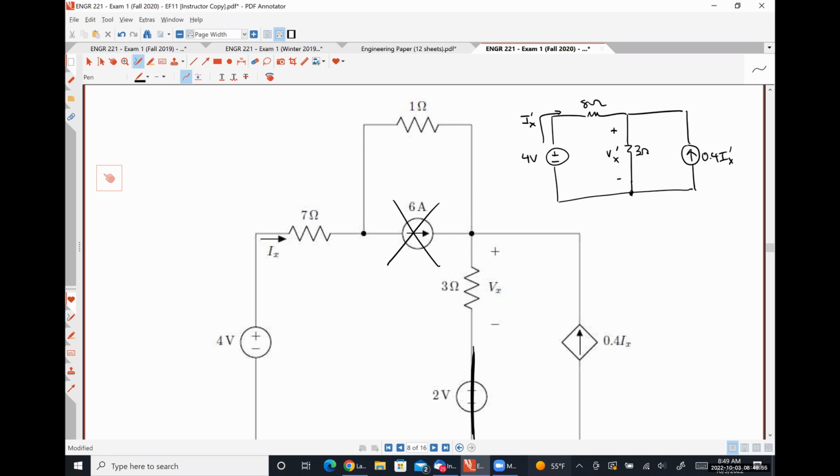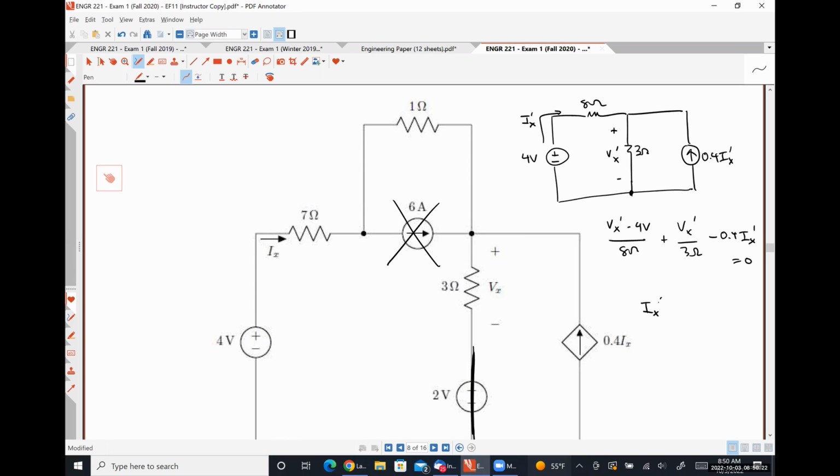So effectively, that's going to give me Vx prime minus 4 volts over 8 ohms, because that's the current flowing to the left through the 8 ohm resistor, plus Vx prime over 3 ohms, that's the current flowing down, minus 0.4 Ix prime, all that is equal to 0.